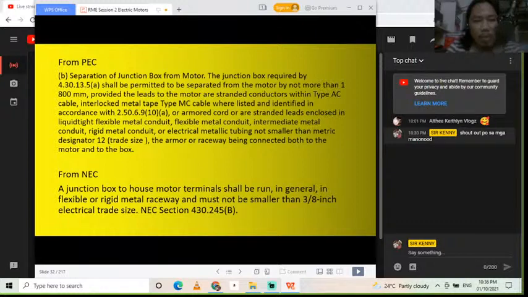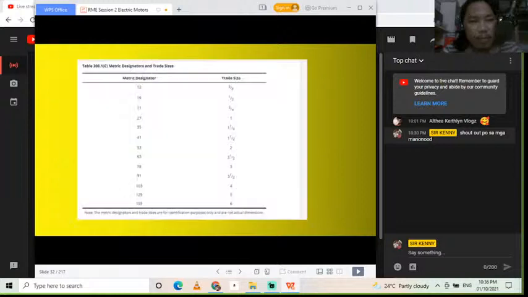So, tingnan natin kung tama ba yung 3/8 inch sa yung designator 12 trade size. Ayan. So, metric designator 12 is equivalent to 3/8 trade size. So, parehas lang po sila.